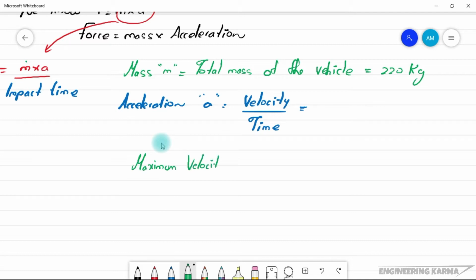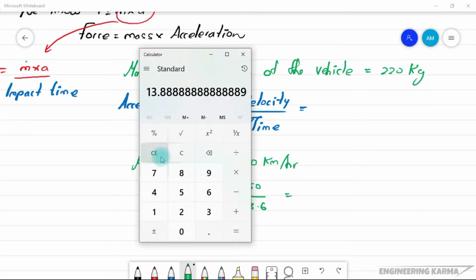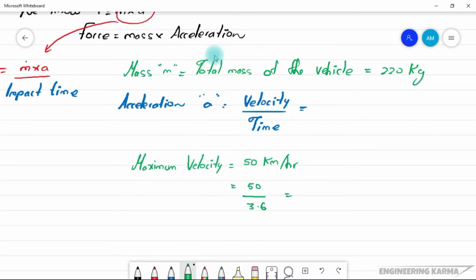Assuming the maximum speed of the vehicle is 50 km per hour, divide by 3.6 to convert to meters per second. That gives 13.8 meters per second. Velocity is found.